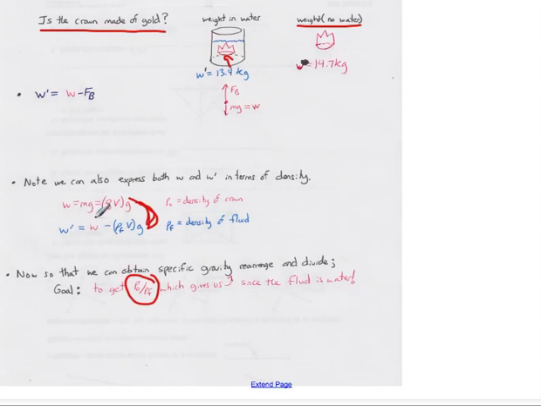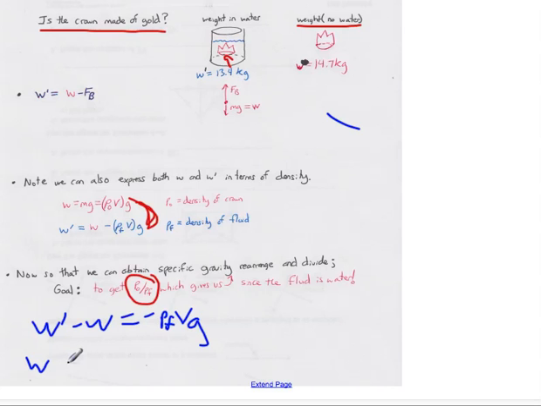So first, in the W prime equation, I guess I'll change to blue. Yes, I do have a blue. So in the second equation, I'm going to subtract W. So I get this. Then let's just divide the negative through.